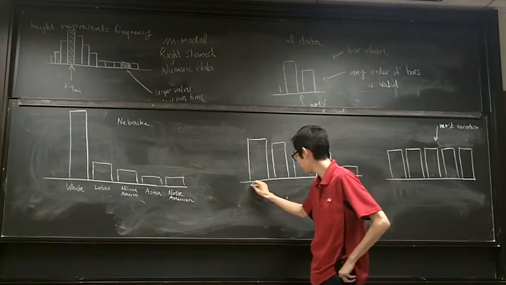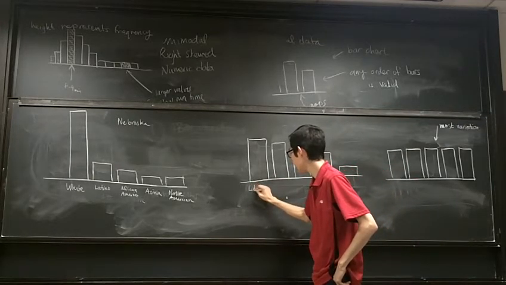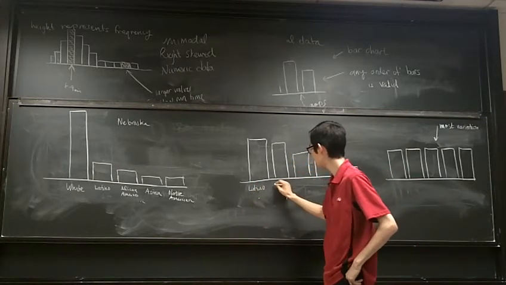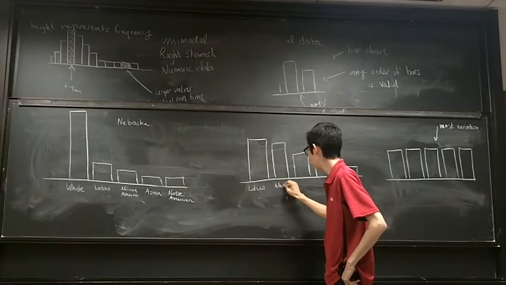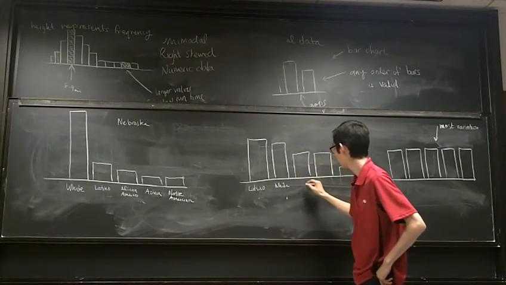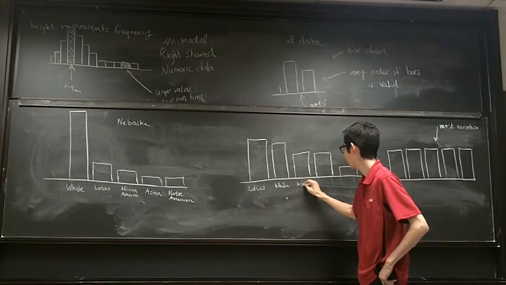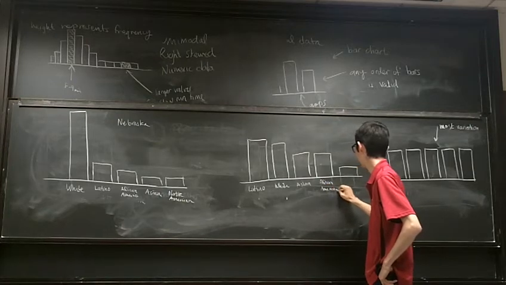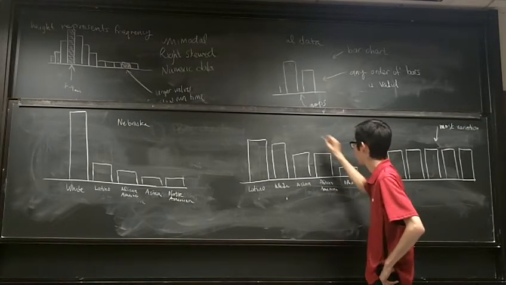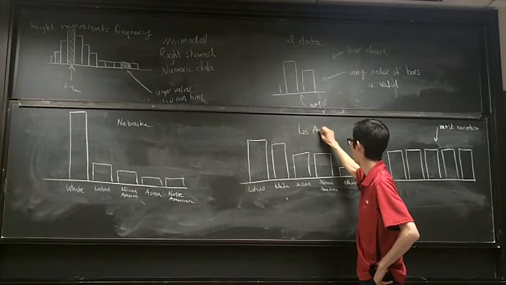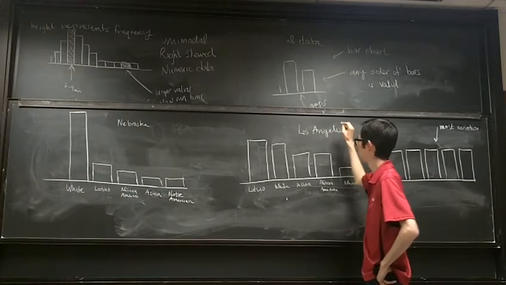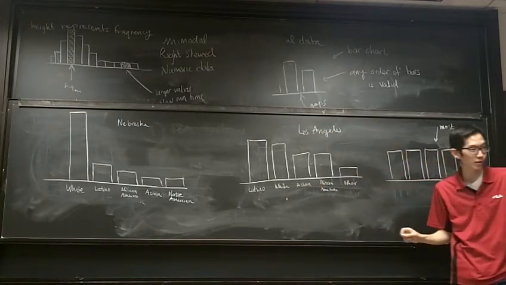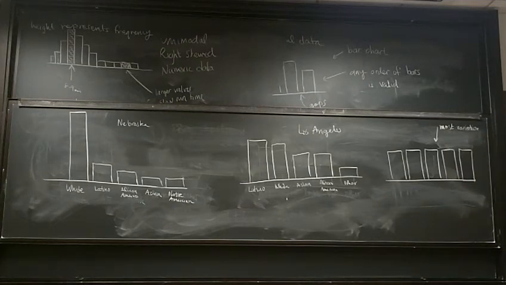So I think Latino, Hispanic is the largest, and then non-Hispanic white, followed by Asian and African American and other. All right. So this might be Los Angeles. Okay, quite a bit of racial diversity in Los Angeles, something like this.